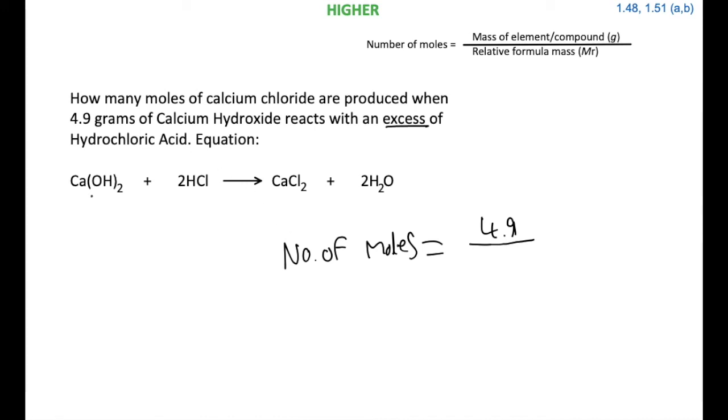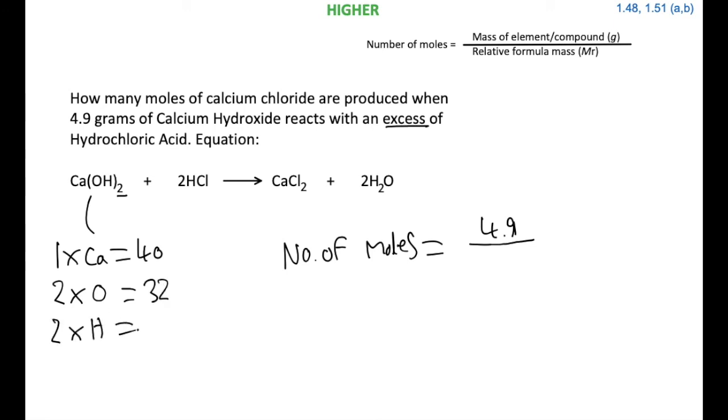Counting up the numbers of each atom, we have 1 calcium, giving us a relative atomic mass of 40, 2 oxygens, because we have 1 oxygen in this bracket, but we have 2 of these brackets as indicated by the small 2. 2 oxygens, that's 2 times 16, 32, and of course 2 hydrogens, that's 2. 40 plus 32 plus 2 is 74, and that's the relative formula mass of calcium hydroxide.